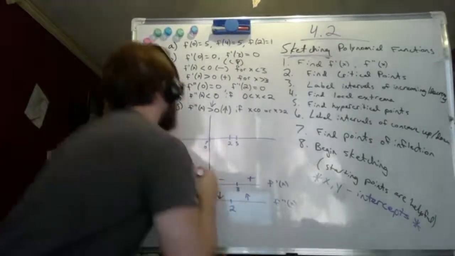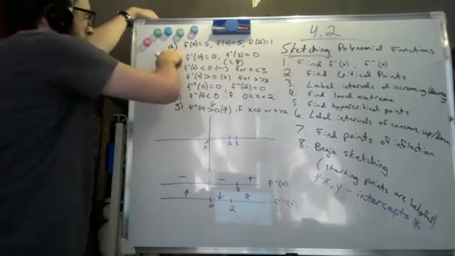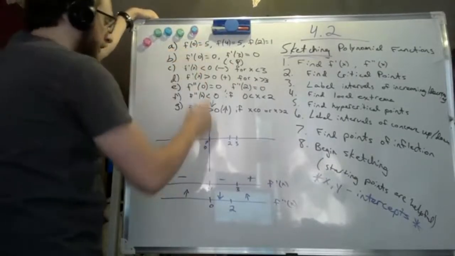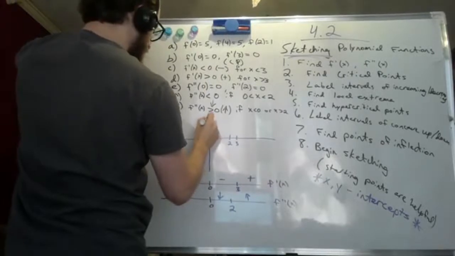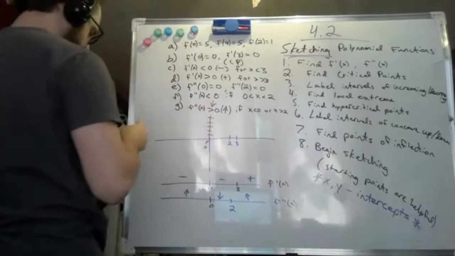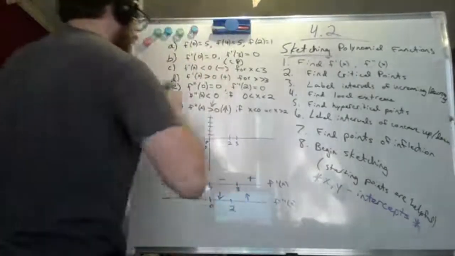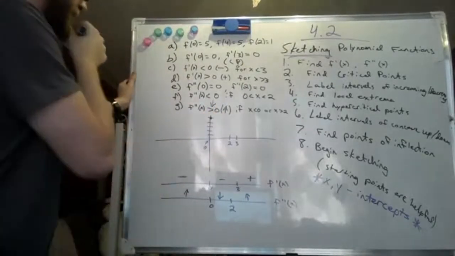Well, we're told, going back to the very top of this question, that at f of 0, it's a value of 5. So 1, 2, 3, 4, 5. And I'll switch markers again. We've got a point at (0, 5).